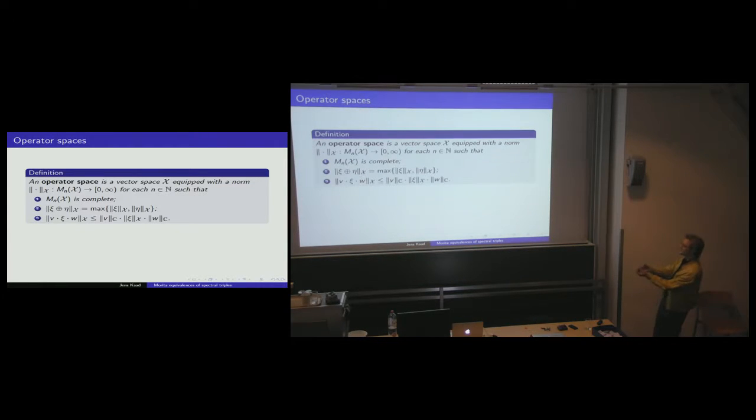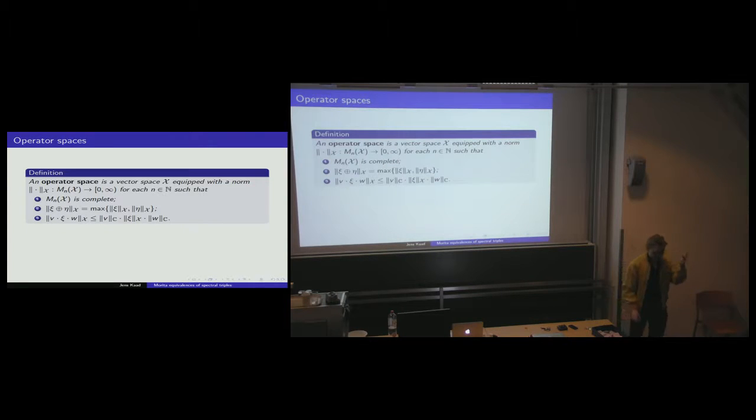I get a new matrix with entries in X, and I can estimate the norm. It just has to be dominated by the canonical C star norm of V as an n by n matrix over the complex numbers times the norm of psi times the canonical C star norm of W. So these three conditions tell you what an operator space is.